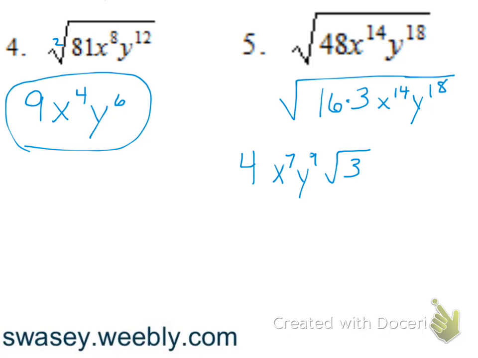So if we want those to come out to be positive, we're going to put the absolute value around that. So no matter what x and y end up being, x to the 7th times y to the 9th needs to come out to be positive. And then the positive of that times the positive 4 times the positive square root of 3 would all make it positive.